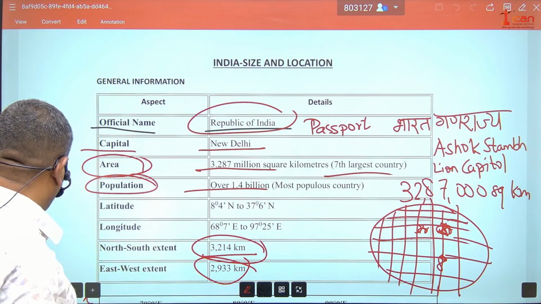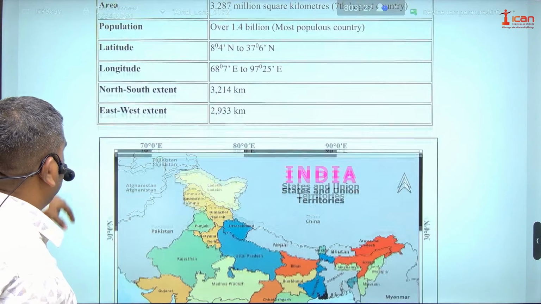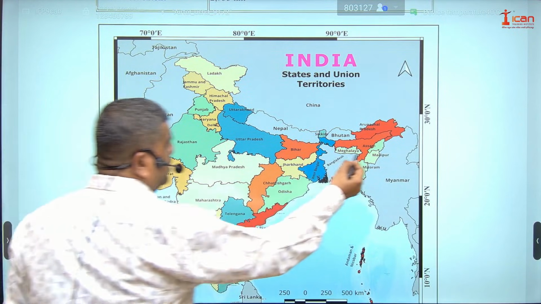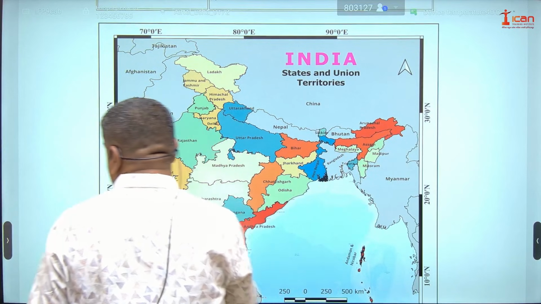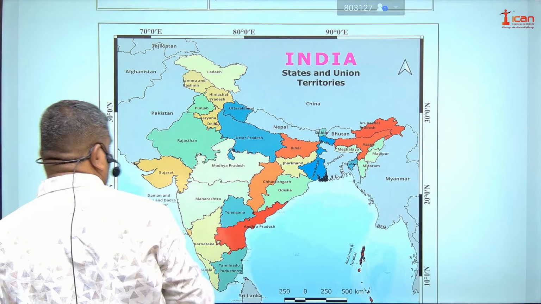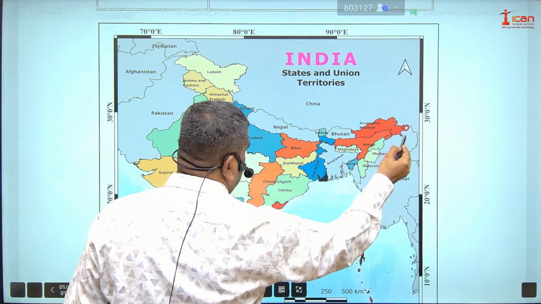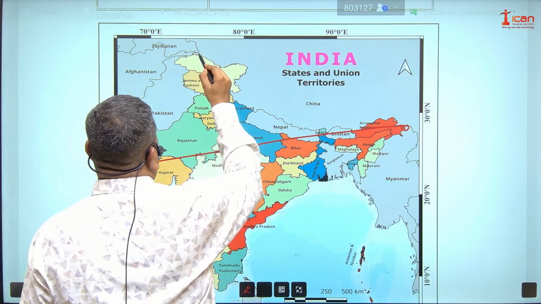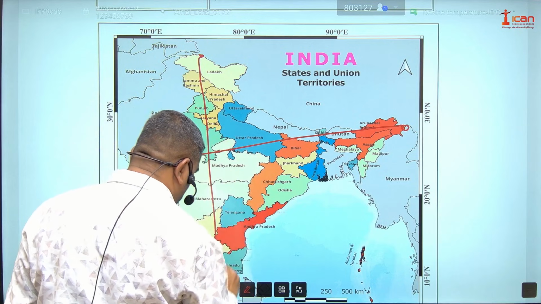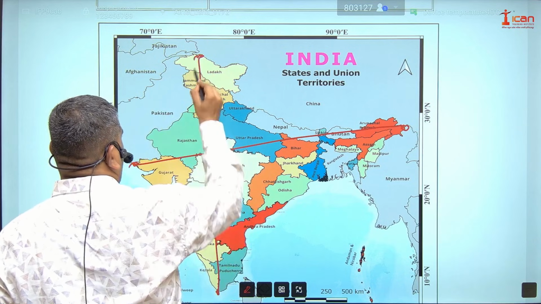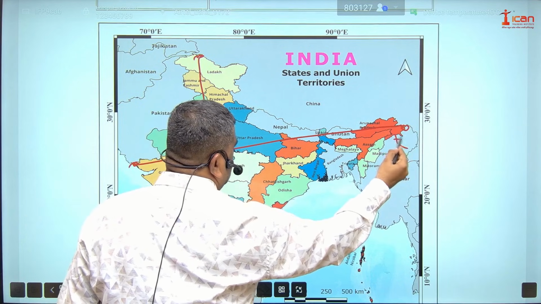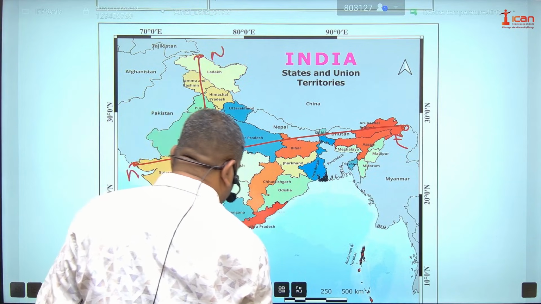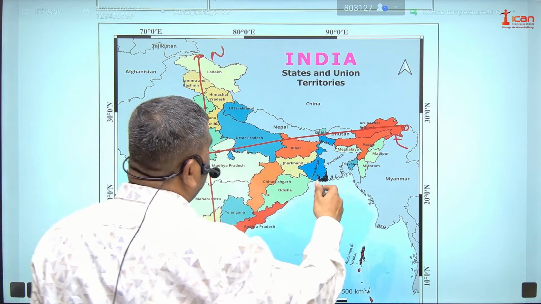Let us look at all these figures. As we see, this is the easternmost point, and from here if you come here, this is the westernmost point. This is the northernmost point, and from here if you go down, this is the southernmost point. This is the east-west, this is the north-south. Then where are we in terms of latitude?